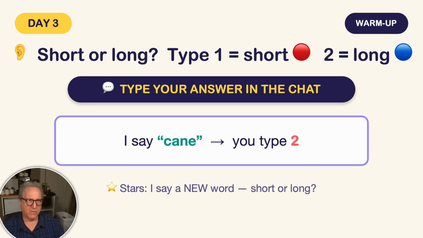Okay, quick round. Let's train those ears. I'm going to say a word. You decide, is it short or is it long? You listen to the word, and then you say either short or long. Okay, here we go. Cane. It's long.